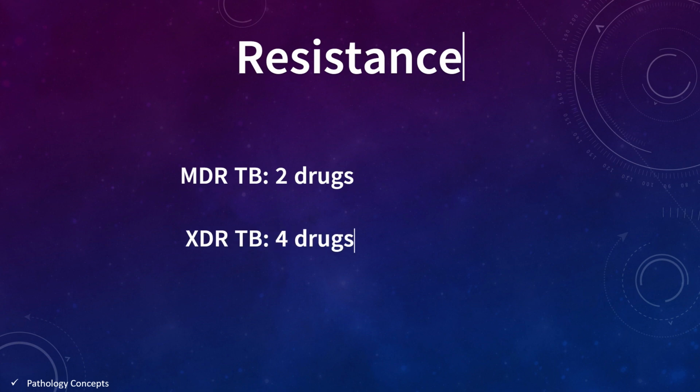Second is XDR-TB. A diagnosis requires resistance to at least 4 anti-tuberculous medications, including resistance to rifampicin and isoniazid, and resistance to any 2 of the newer anti-tuberculous medications.